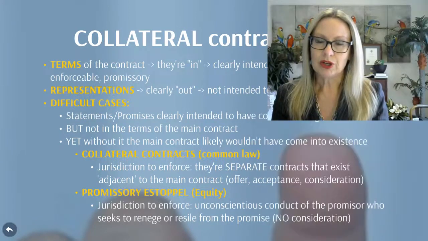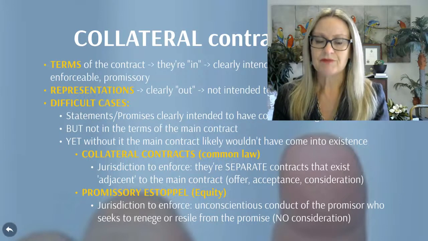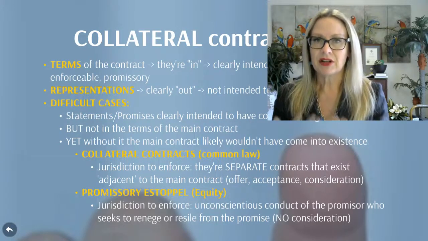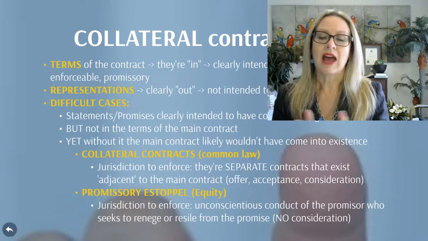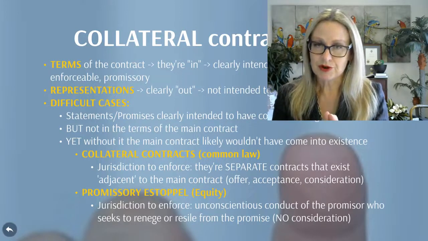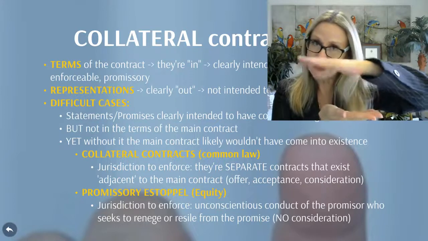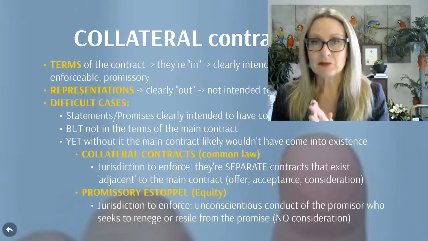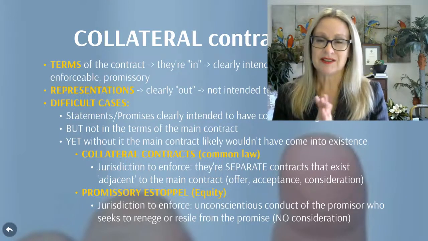We'll look at estoppel in a different video. But you should just be aware, for completeness, that that is another principal way of having a court enforce a term that falls outside of that main agreement, but nevertheless was intended by the parties to be justiciable.